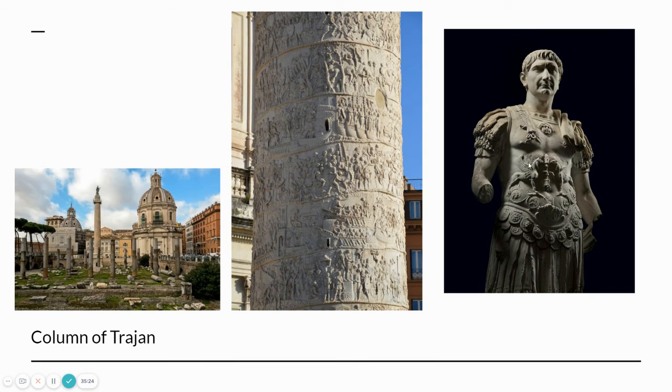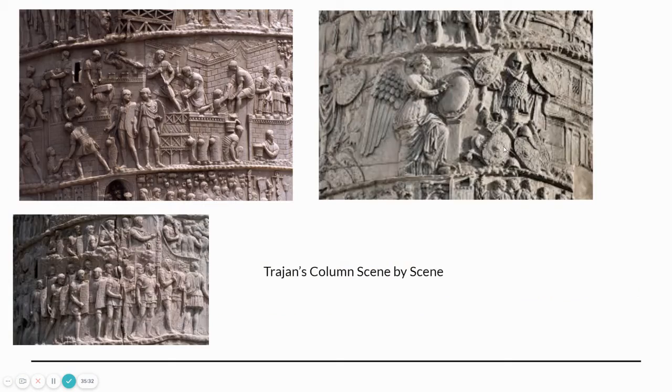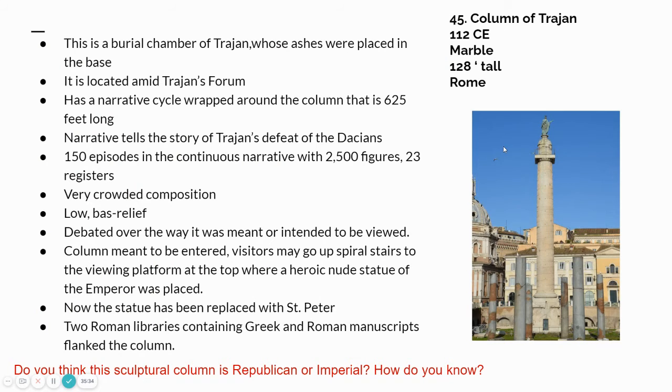This right here is currently the sculpture that's up there, but originally it was not. Originally it was a statue, like a heroic nude statue, not an individual. It was just an imperial heroic nude statue, like something you would see from classical Greece. But then it was later replaced with the Emperor Trajan himself, okay? And so this was a platform for you to better view that sculpture, okay?